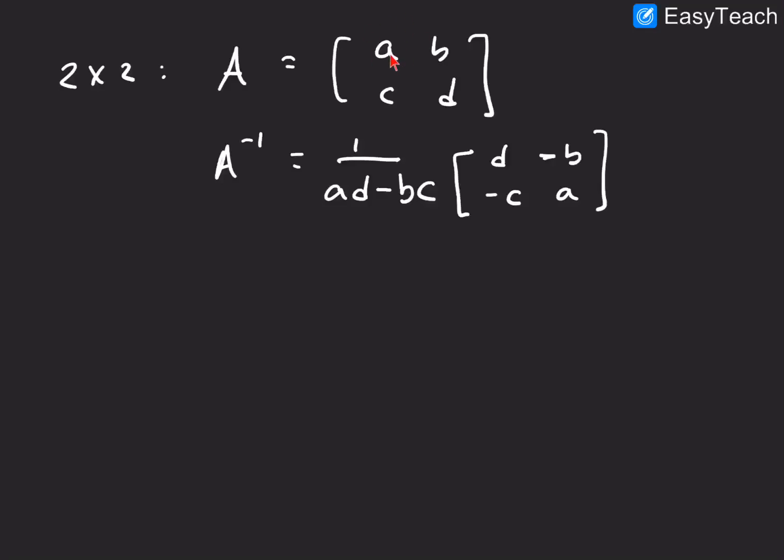Whatever your a term is, you multiply by your d term, subtracted by the b term times the c term, and you put 1 over that. Then you multiply all that by this matrix. What you basically do is flip the positions of d and a in your original matrix A, and then change the signs of c and b.